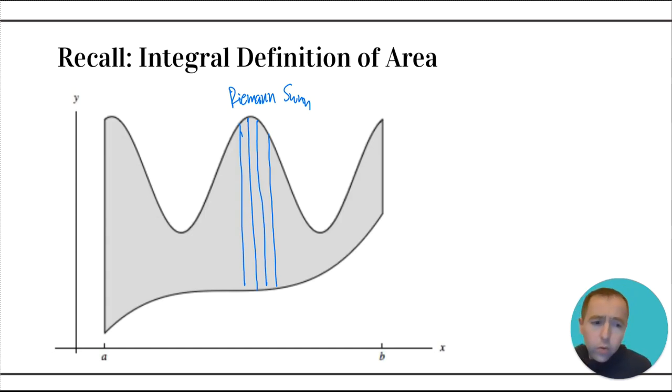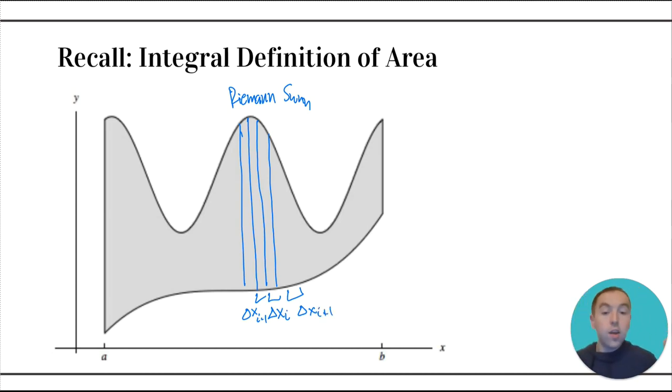So really what we defined was this: the width of each of these rectangles is the change in x, and the i just denotes which interval it is, the ith interval. Like this right here would be the i minus one interval, and the next interval higher would be the i plus one interval.